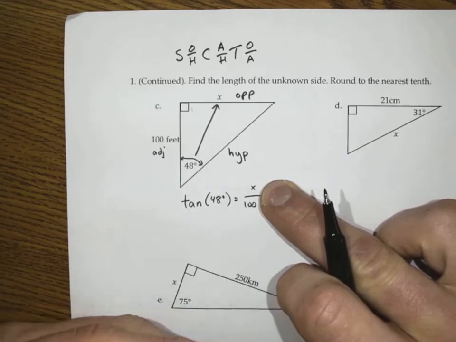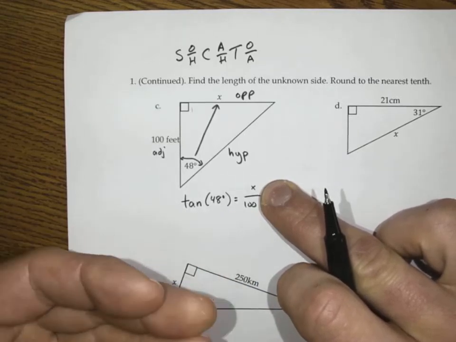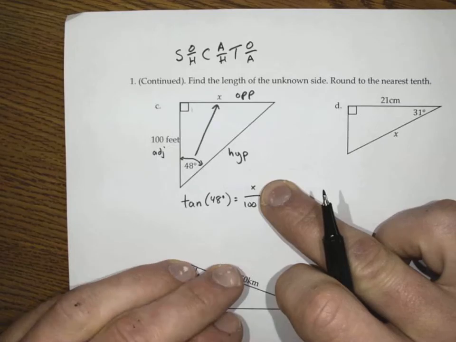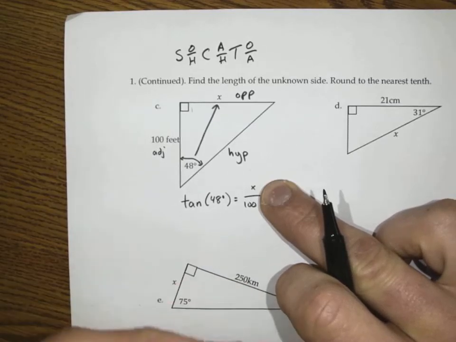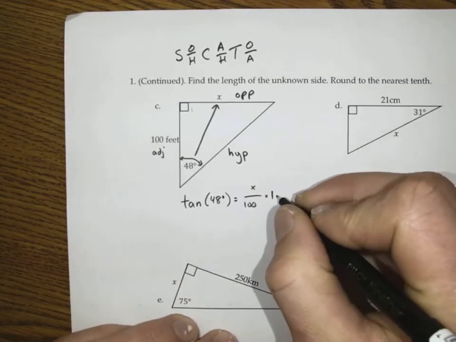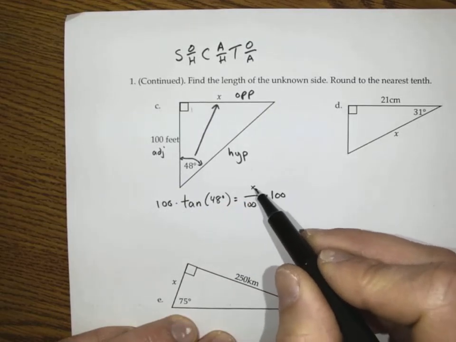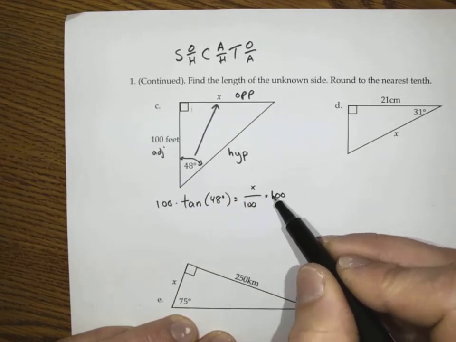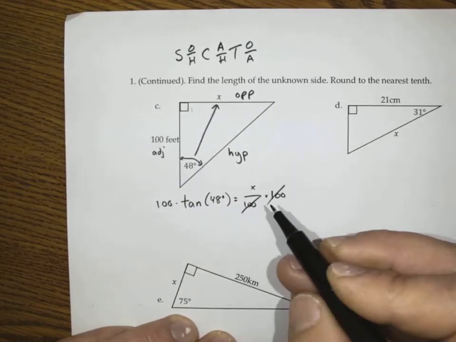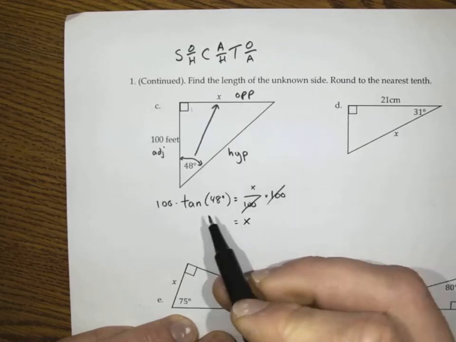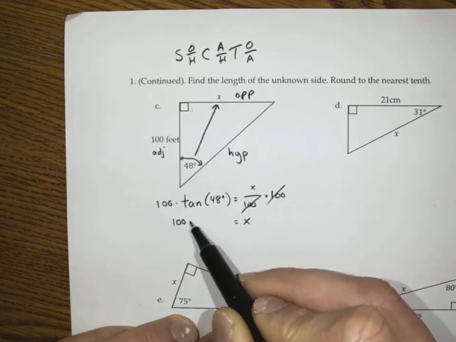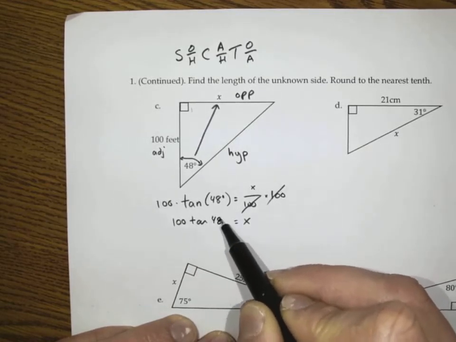But I don't want to know what 1/100th of x is. I want to know what x is. So in order to find out what x is, I got to multiply both sides by 100. x is being divided by 100 and multiplied by 100. Those are opposite operations. They cancel out. And I get x is 100 tan 48 degrees.